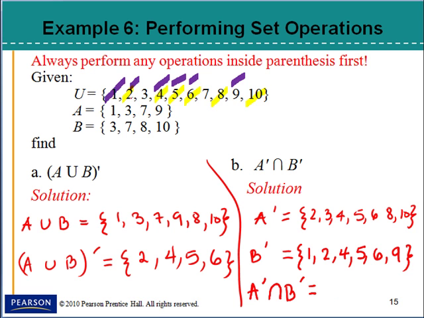I'm picking the ones that have both yellow and purple. 2 is common, 4, 5, 6 common. These are the common elements between A complement and B complement. So I got 2, 4, 5, 6.